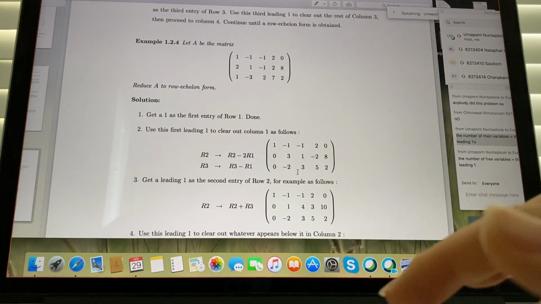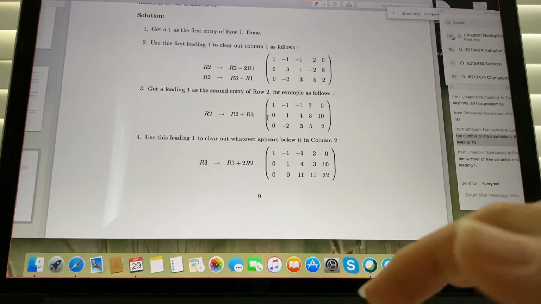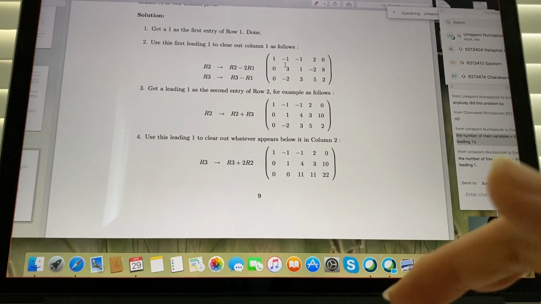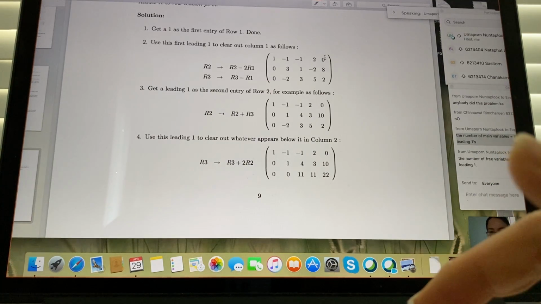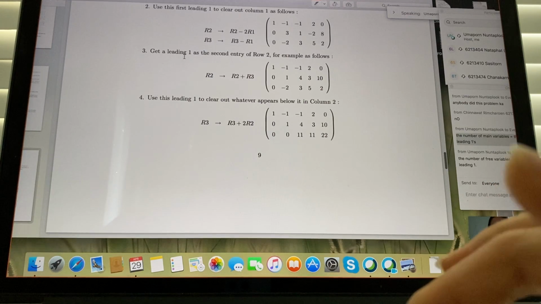And this is what we got. When you subtract the multiplication of 2 times R1, you have to do it element by element in the same position. Then we need a leading one as the second entry of the second row.